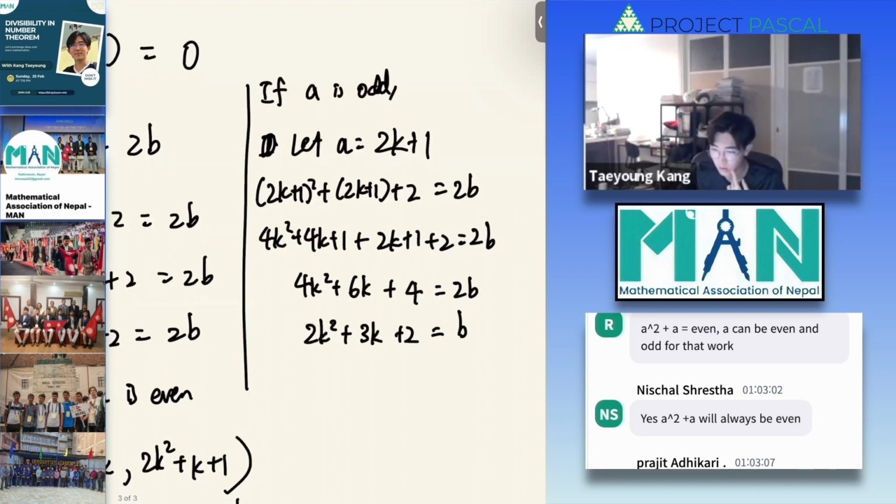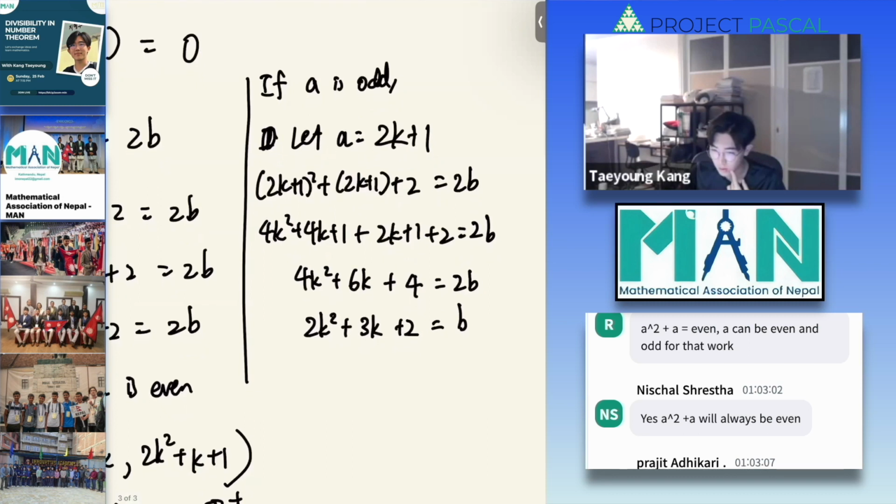Then we'll have that b minus 1 is divisible by a plus 1, right? 2k plus 2.